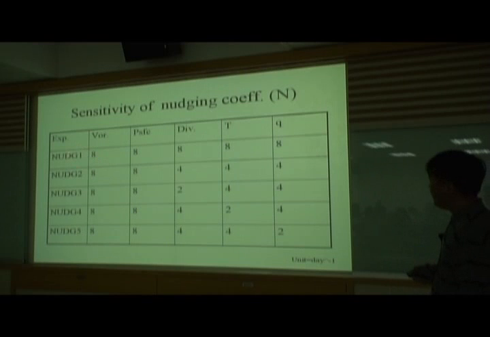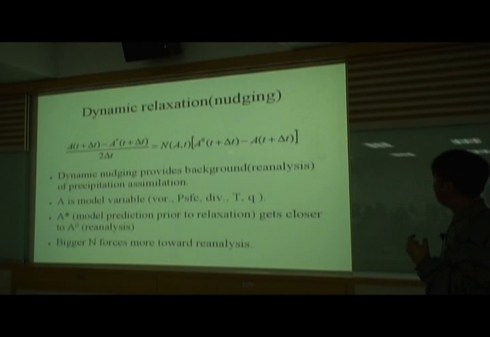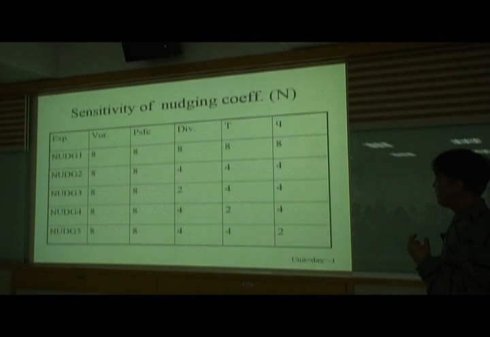When we use 8, its physical meaning is 3 hours. After 3 hours, the model variable is relaxed toward the reanalysis. So when the relaxation coefficient is getting smaller, then weaker relaxation occurs. So the first is most strongly nudged toward the R2 data.